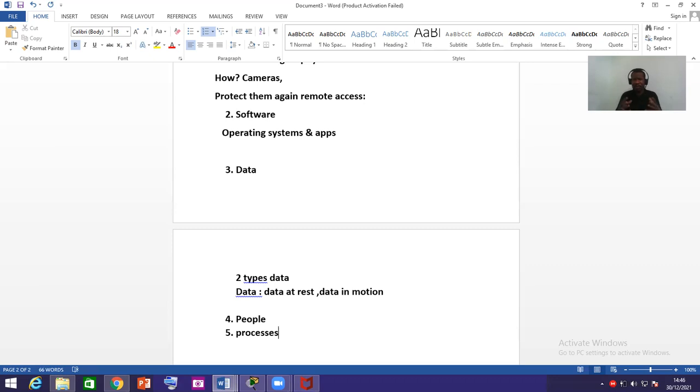Now, I'm gonna give you an example. I'm gonna give you a design. From that particular design, you are going to tell me what are the hardware, software, data, people, and processes. Just list those 5 assets.